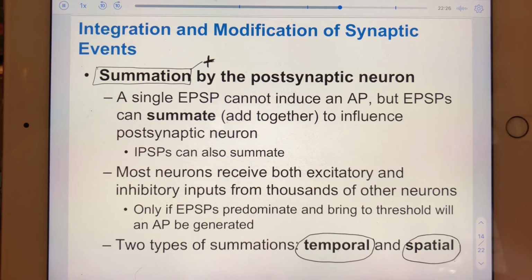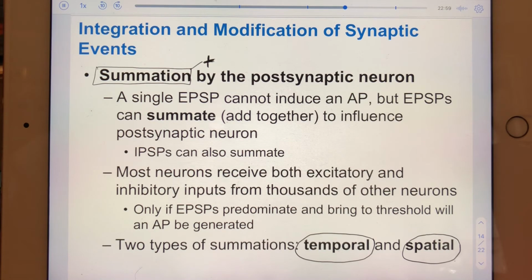Temporal summation. We might have an excitatory graded potential, and before it can degrade, another excitatory graded potential is triggered and therefore adds on to the waning effects of that first one.